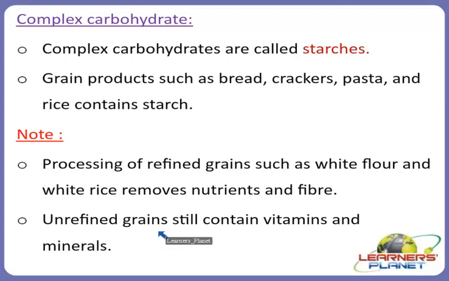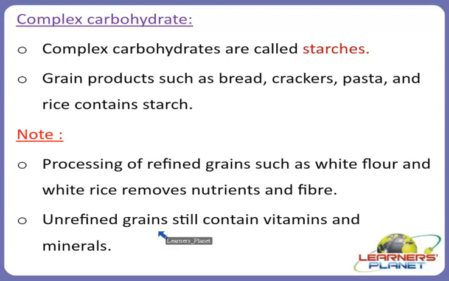And that is why you can feel that whenever you eat complex carbohydrate foods like bread or crackers or pasta and rice, for a long time you will not feel hunger, right? Because it is not broken down so quickly and easily as simple carbohydrates are.